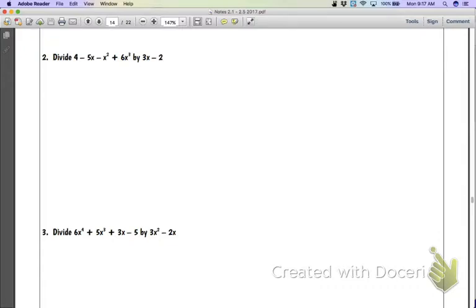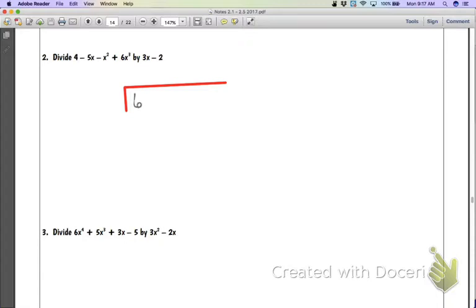So on number 2, I'm still going to go through and do long division. Long division is one of those methods that I can always do, and it's always kind of in my back pocket as a way to solve any of these. So the first thing I have to do is put everything in order from the highest to the lowest power, making sure I'm not missing anything.